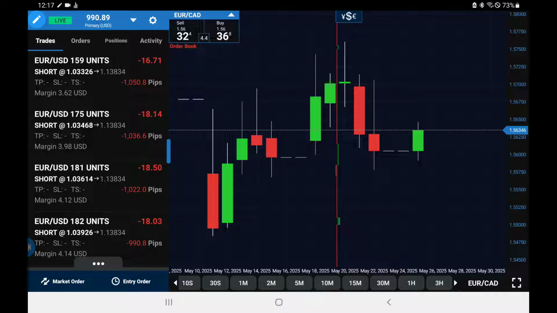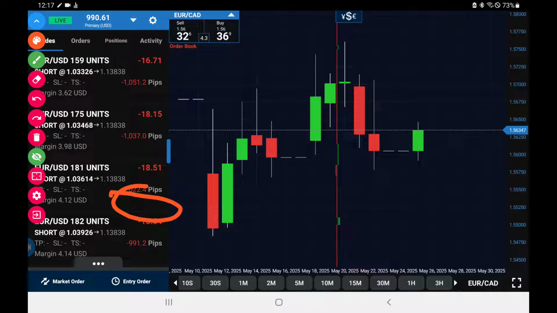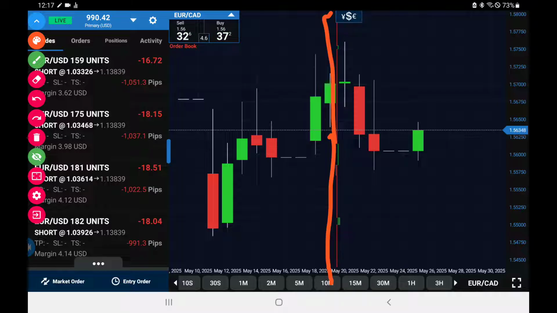But even though the chart hasn't changed, there's an extra piece of information on the screen in this red and blue, green line that kind of runs up and down the center of the chart. This is called the order book, and this is a piece of information that is not available in the demo account, but it is absolutely critical.